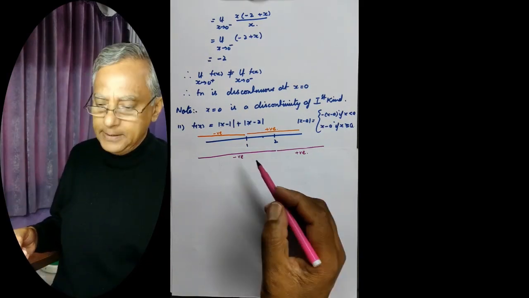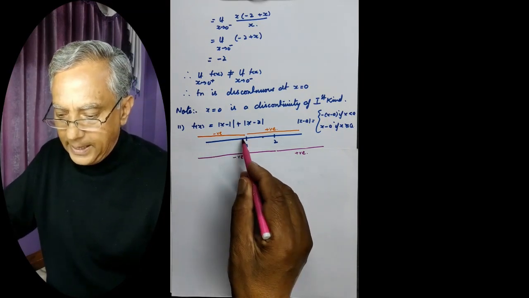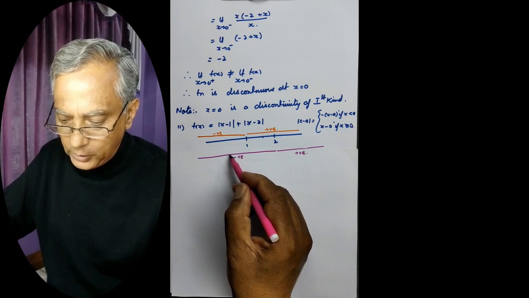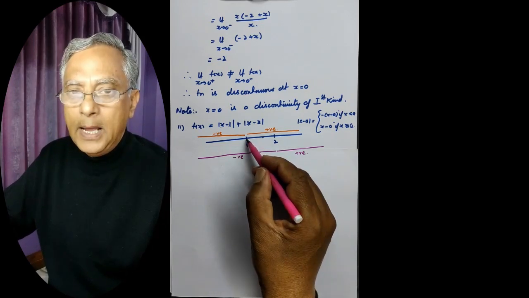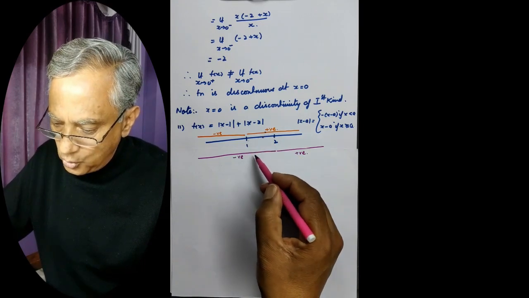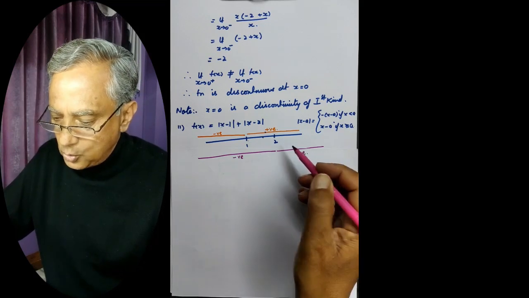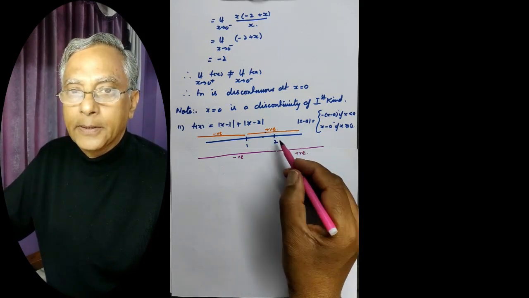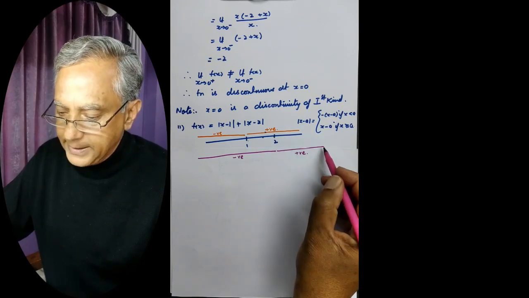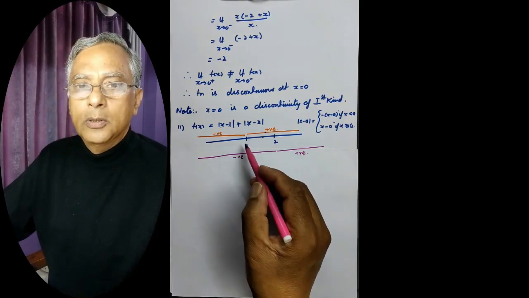So what we notice is that in x less than 1, both x minus 1 and x minus 2 are negative. And in this interval 1 to 2, x minus 1 is positive and x minus 2 is negative. And in this interval, x minus 1 is positive and x minus 2 is also positive.